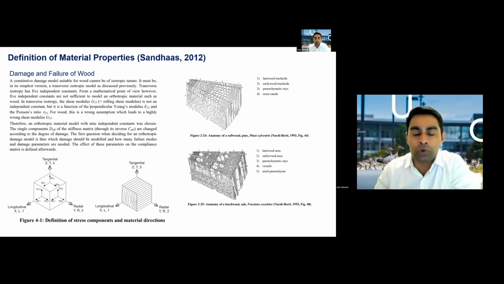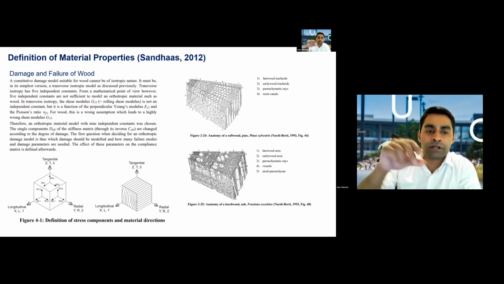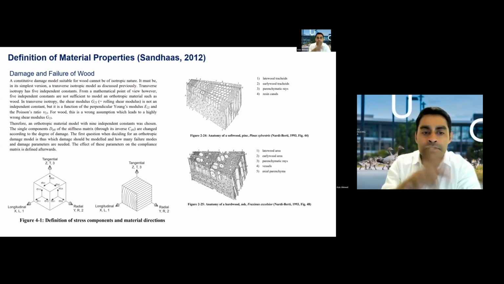But it doesn't work for natural timber or even natural bamboo, because in transverse isotropy, the shear modulus is not an independent constant, but a function of the perpendicular Young's modulus and Poisson ratio. So that means they are related to the other directions' Young's modulus and Poisson ratio. Whereas for wood, they are completely independent.